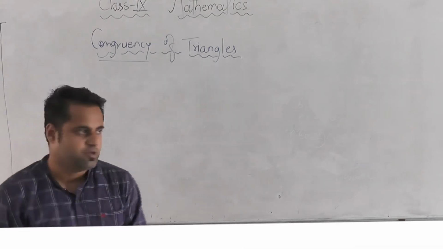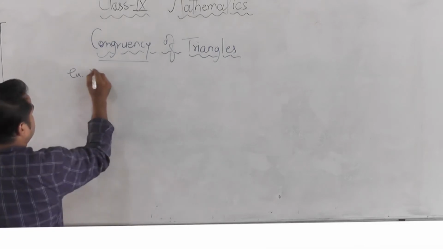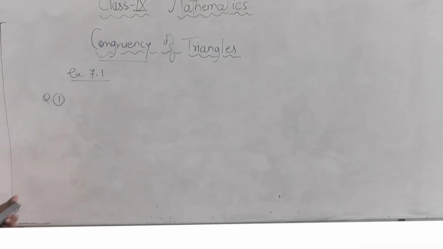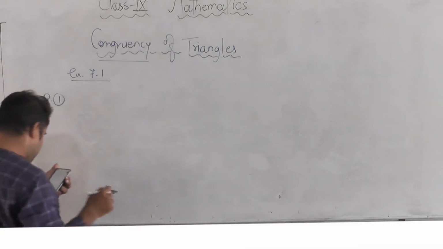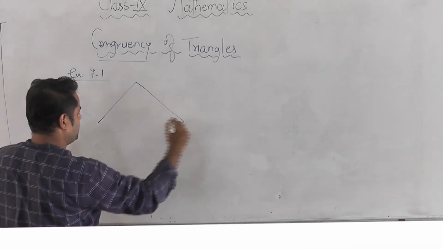Let's see one question. There is question number 1 in your NCERT exercise 7.1. Now see, there is a triangle, or we can say quadrilateral, ABCD like this.